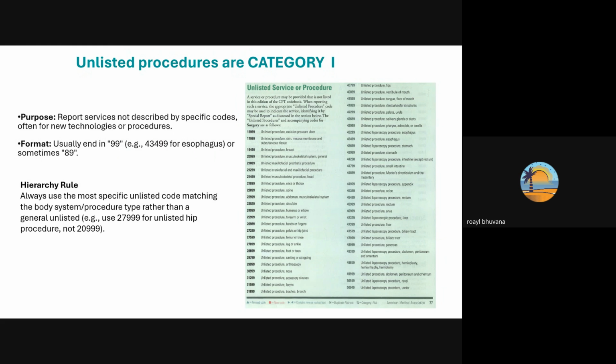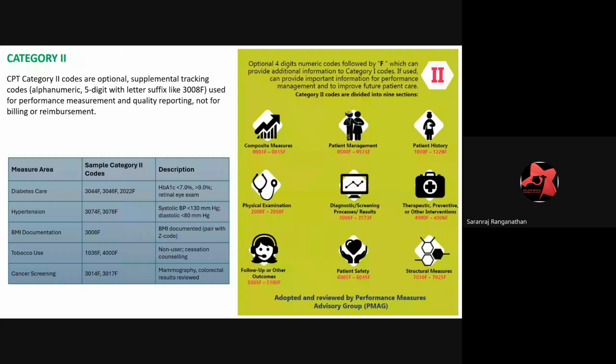For certain sites like buttock or vulva where we do not have a separate code, I should go with the 15999 code as an unlisted code. Likewise, when I don't find the CPT code in the CPT book, I need to go with the unlisted code in that particular section. That is the purpose of the unlisted code, which comes under Category 1.